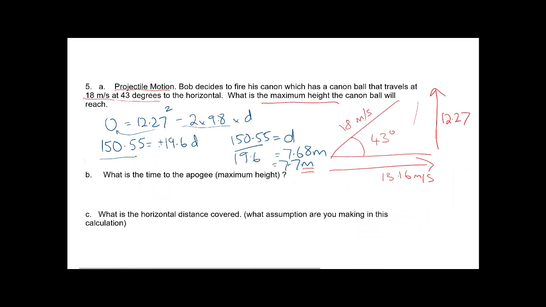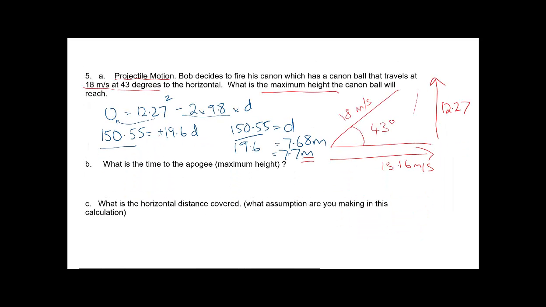Now the time to apogee, the time to the peak. Vf is going to equal 0. Vi equals 12.27. I've already used that. Acceleration equals minus 9.8. So we can do this without having done the previous one, just by looking at Vf equals Vi plus At.